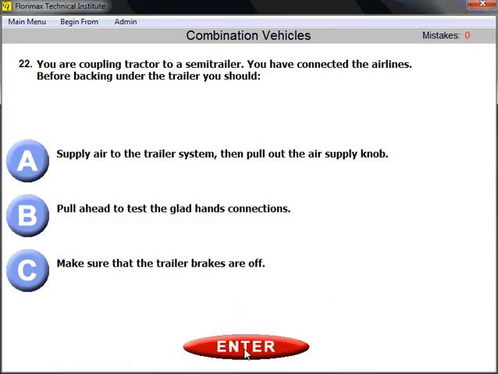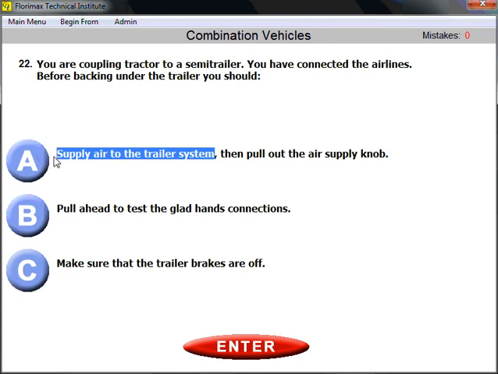Question number 22. You are coupling a tractor to a semi-trailer. You are in the process of coupling. You have connected the air lines. Now, before backing under the trailer, you should supply air to the trailer system. Again, the question looks and sounds very similar to the question we had two questions ago, but different choices are given to you.